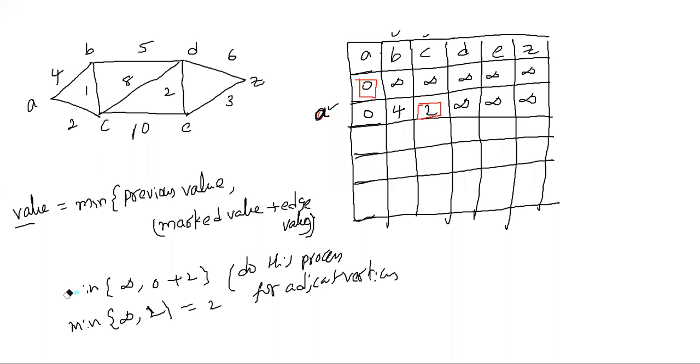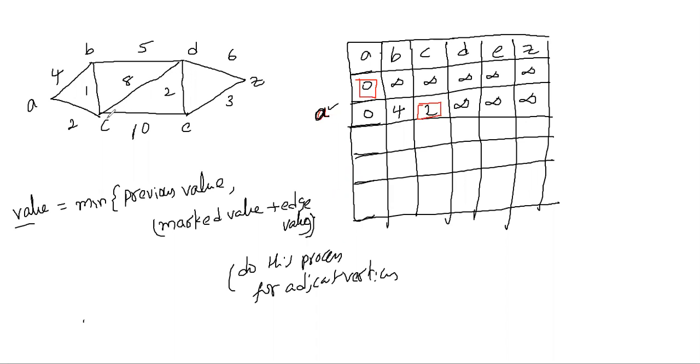Next, for C, the marked vertex, what are the adjacent vertices?